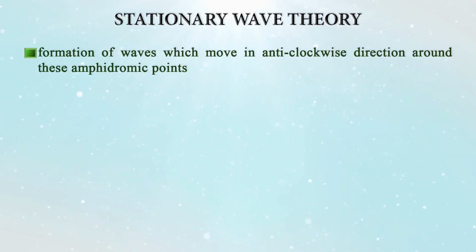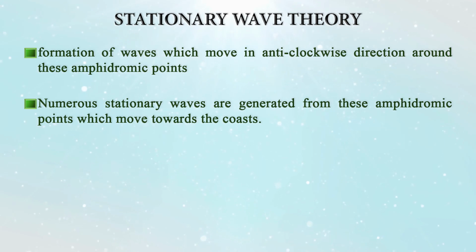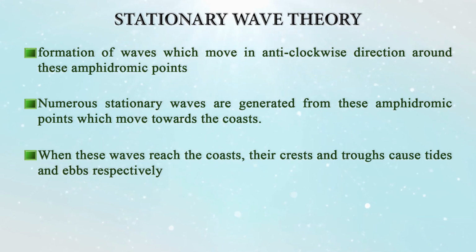Now, waves form and move in an anti-clockwise direction around these amphidromic points, and numerous stationary waves are generated from these amphidromic points which move towards the coast. When these waves reach the coast, their crests and troughs cause tides and ebbs respectively.